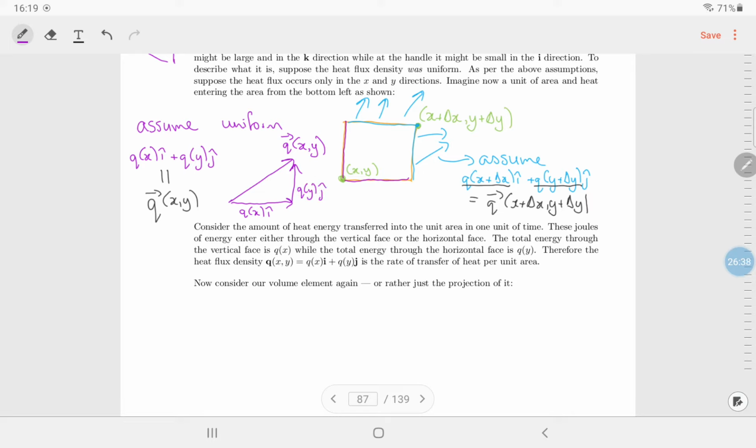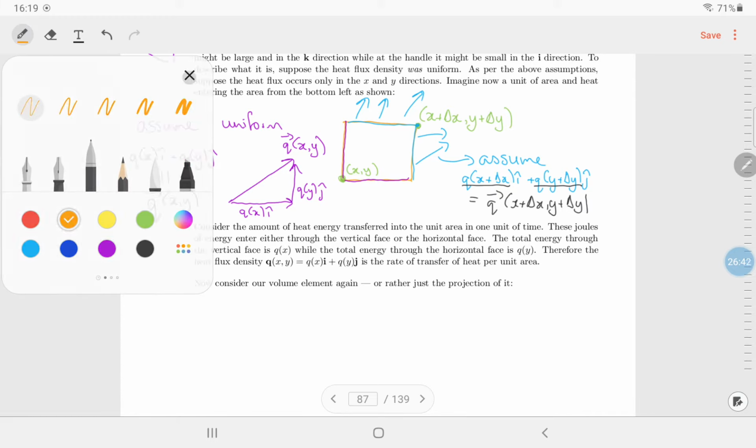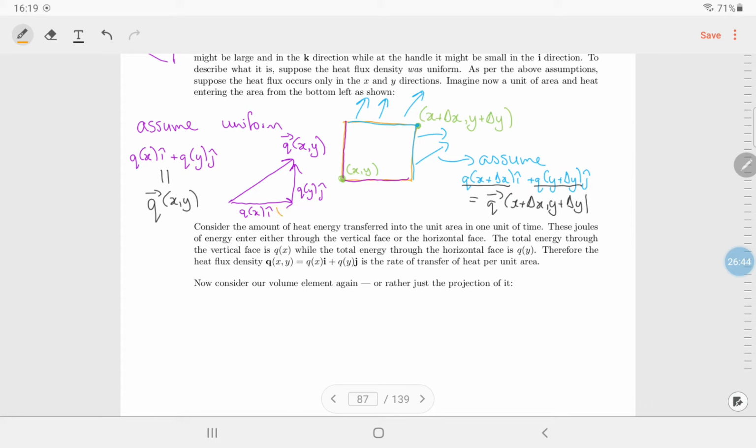Now, in terms of where the bits go, this bit goes through that face, and this bit goes through that face. So think about the heat flowing in the horizontal direction. It can't come under the bottom. It goes into the vertical face, and the heat that's flowing up has to go through the horizontal face.